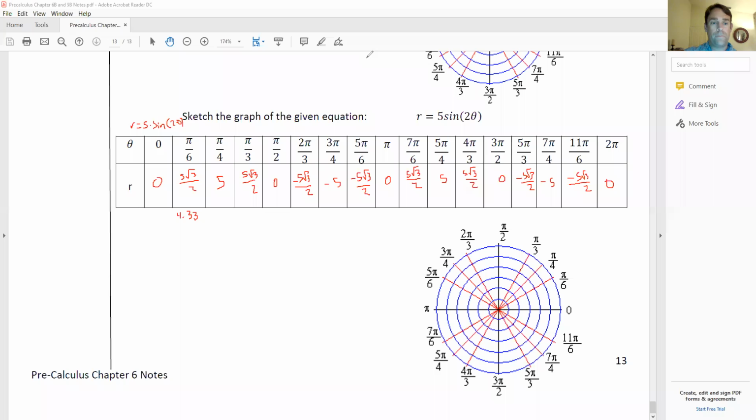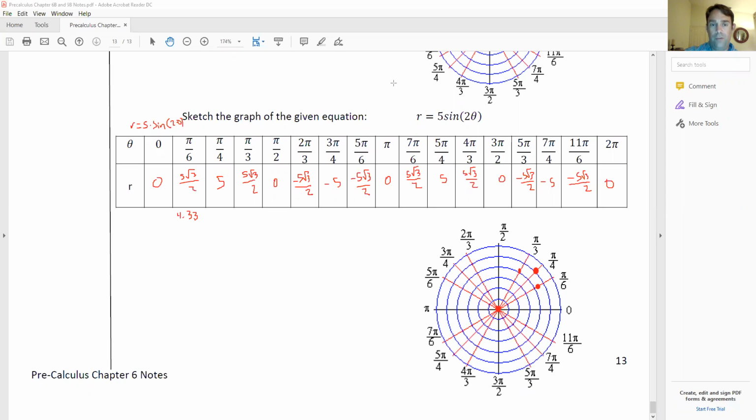So let's see if we can make a little graph of what this looks like. Here we go. When I'm at 0, this is actually going to be 0, so I'm going to put a dot there. At pi over 6, I'm going out to 4.33. So 1, 2, 3, 4.33. So about 4 1/3. It's actually not quite 4 1/3. And then I'm at 5 at pi over 4. And then I'm at 4.33 again.